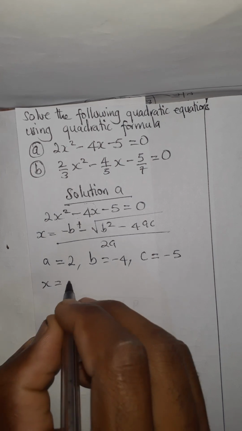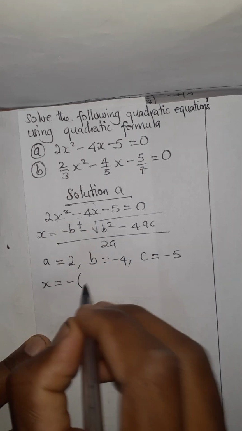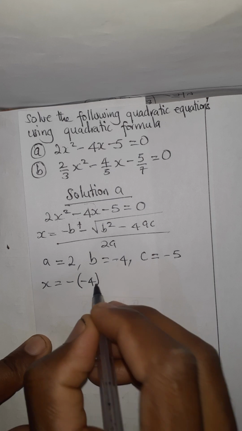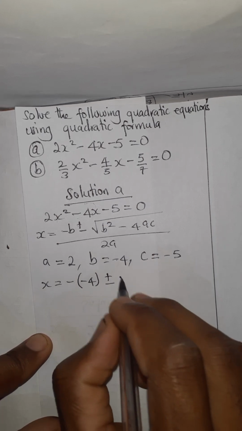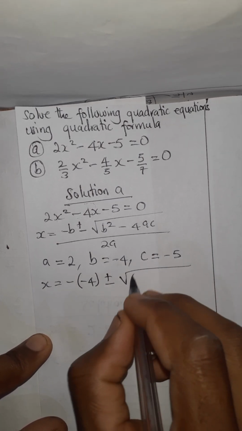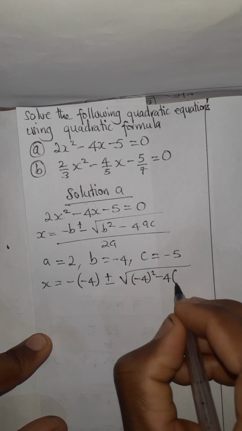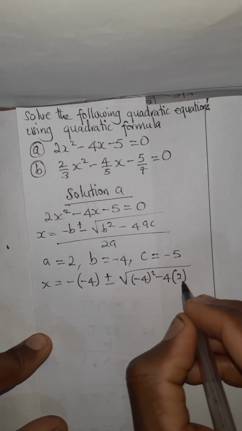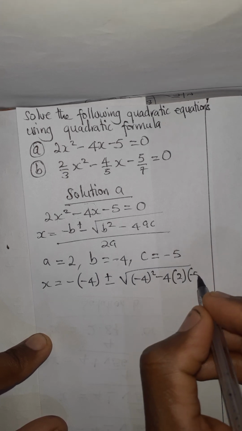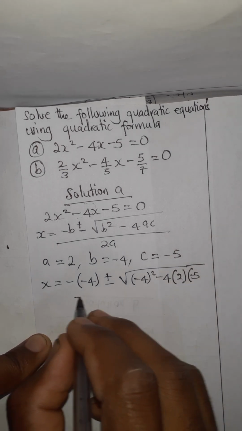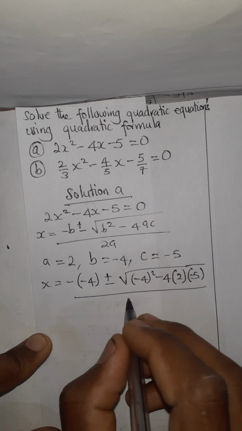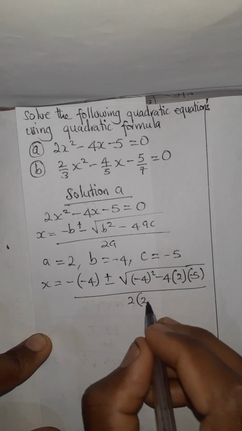So, x is equal to negative, this one, bracket negative 4, positive or negative the square root of negative 4 squared, minus 4, bracket a is equal to 2, and c is equal to negative 5, the whole of this over 2 bracket 2.